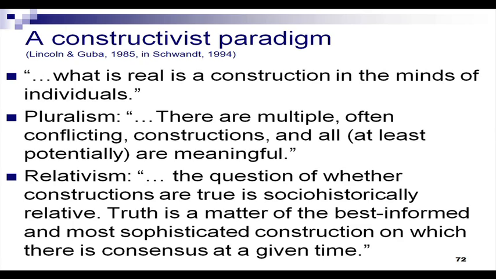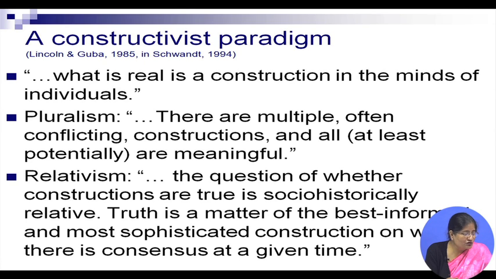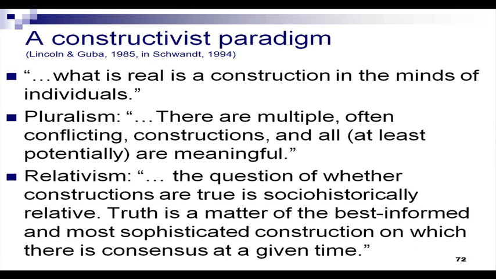Relativism is that the question of whether constructions are true is socio-historically relative. Truth is a matter of the best informed and the most sophisticated construction on which there is consensus at a given time. What is truth? Truth is something that is situated in the socio-historic reality of an event, of the inquired.